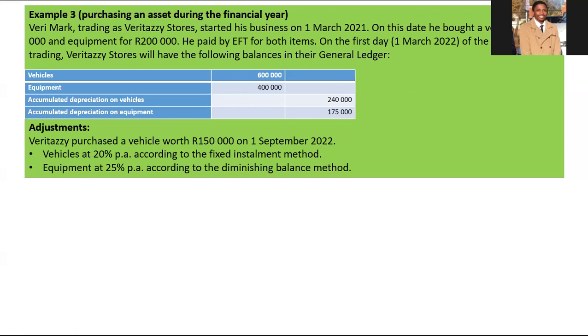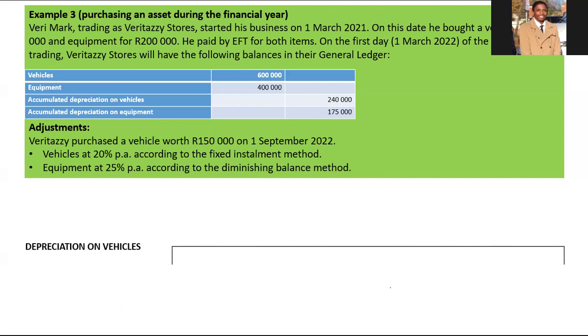Don't have that much time. Vehicles are depreciated on cost method. So our financial year will start on the 1st of March 2022 and end on the 28th of February 2023. We depreciate vehicles on cost method.